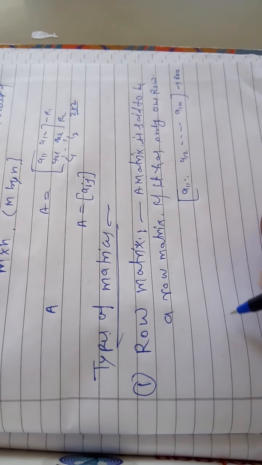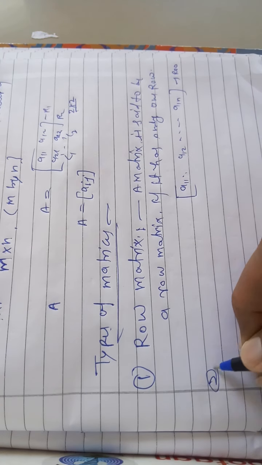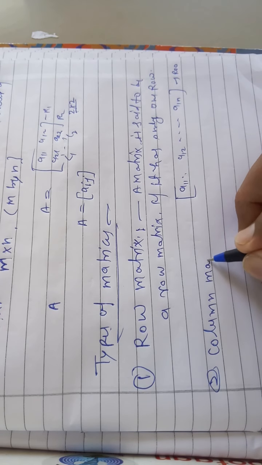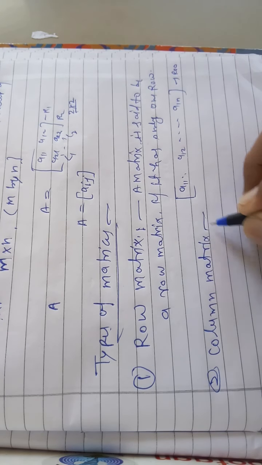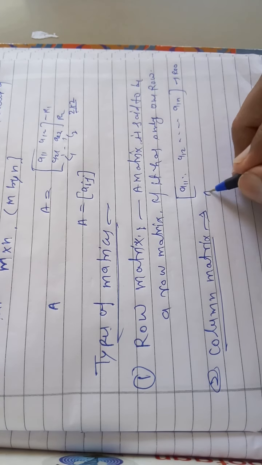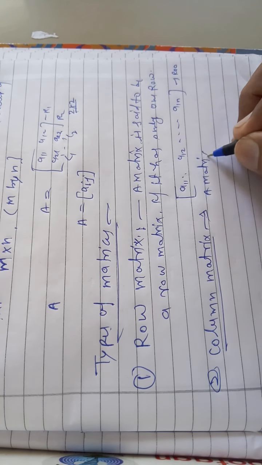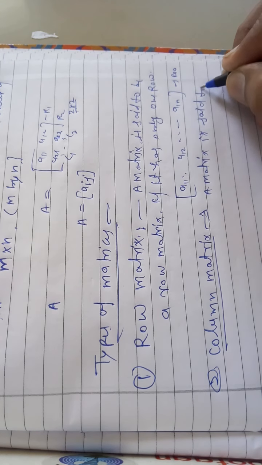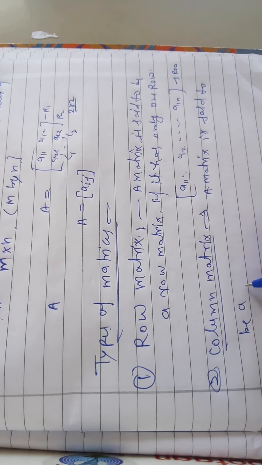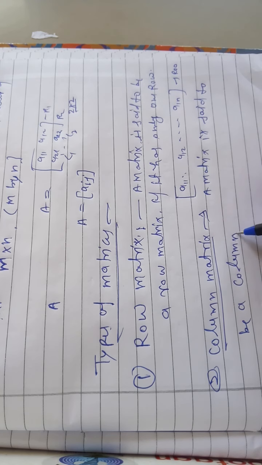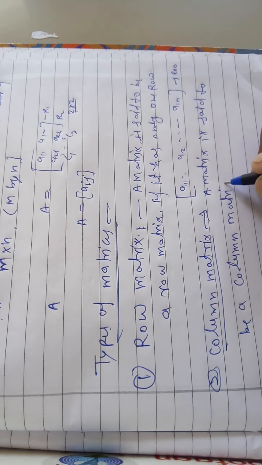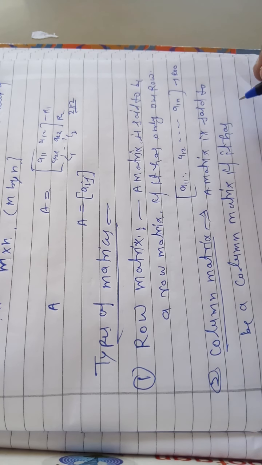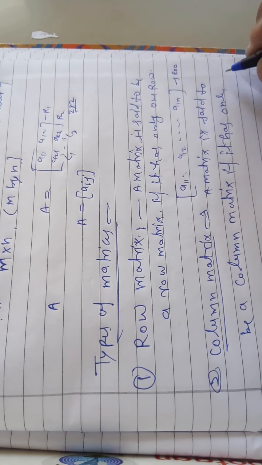And number 2, column matrix. A matrix, with the same definition, is said to be a column matrix if it has only one column.